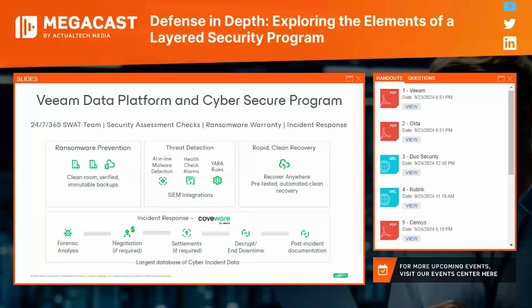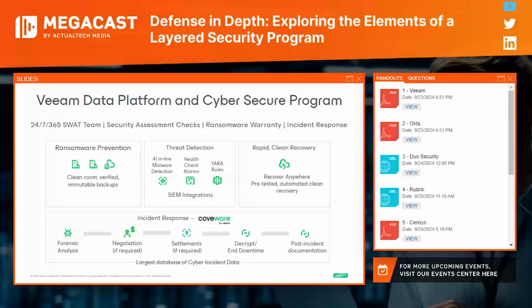Just really quick, in terms of data protection, data platforms that help you with ransomware prevention, meaning you have your clean backups, you have your immutable backups, and then certain security-related functionality when you are doing your backups, right?